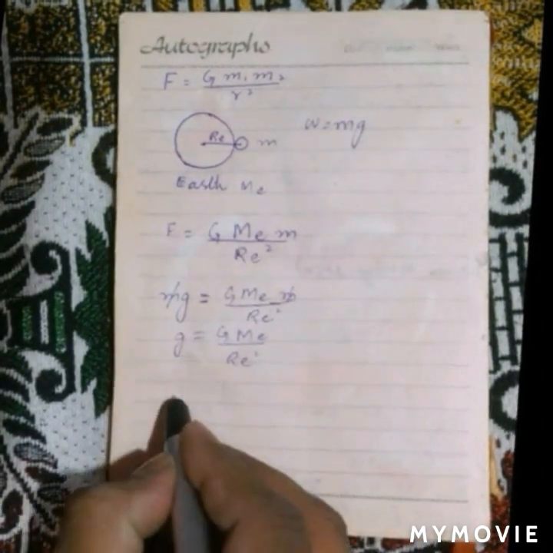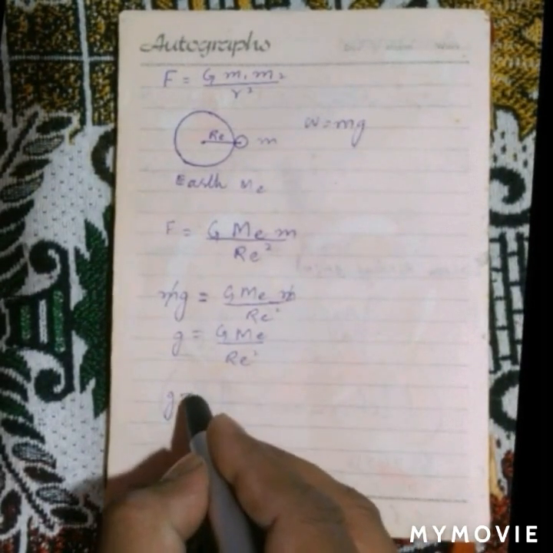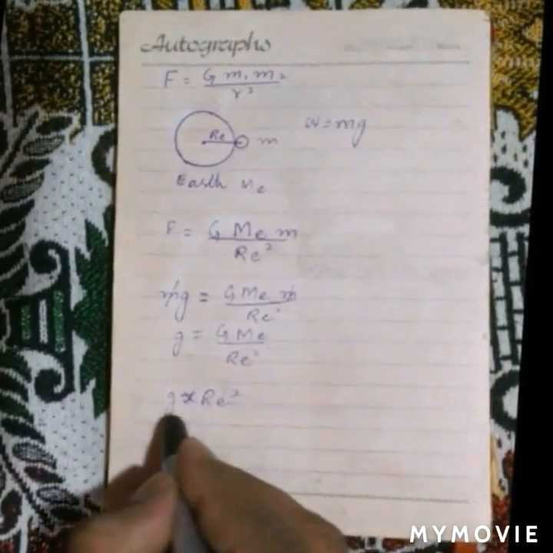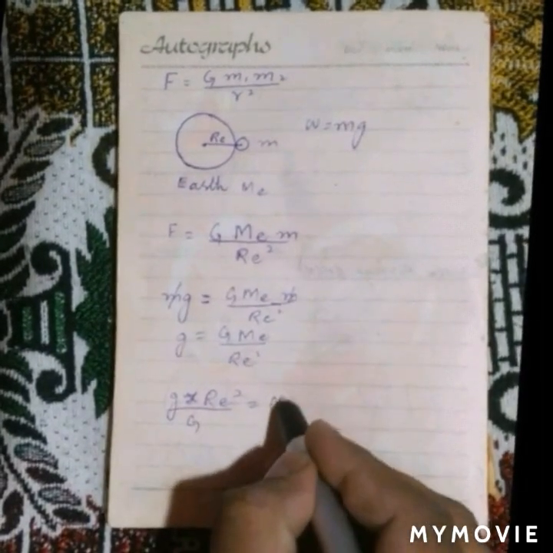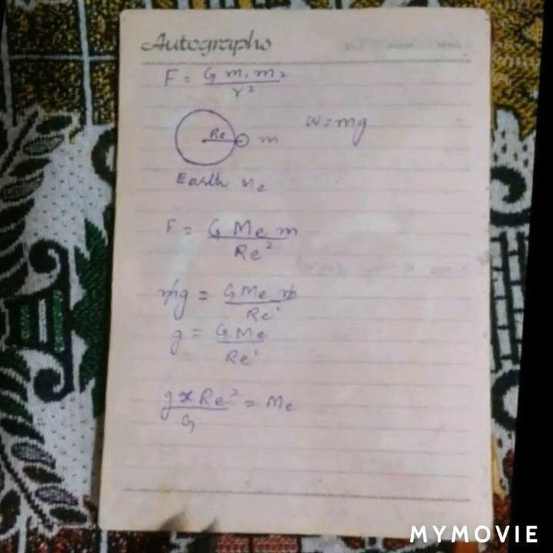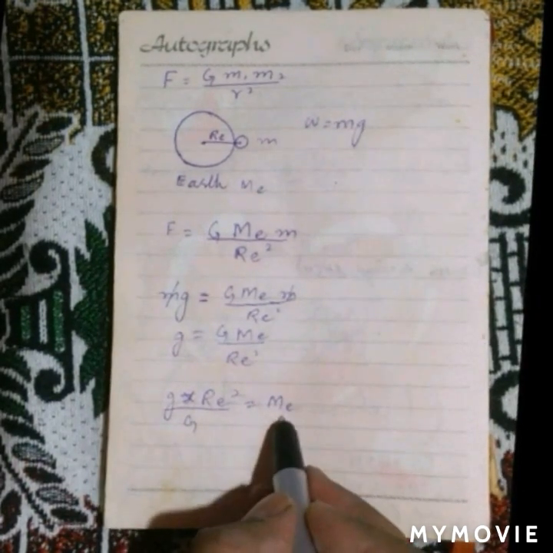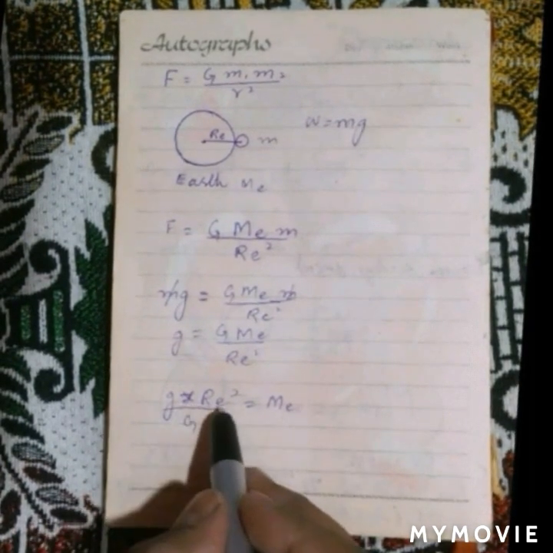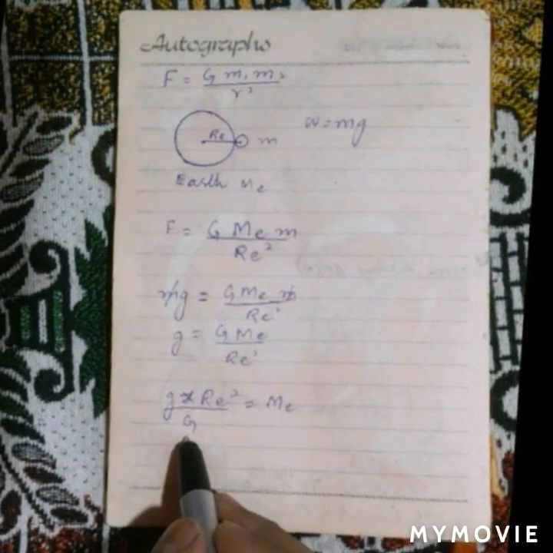So our equation will become g r e squared upon G is equal to mass of the earth. This relation shows that the mass of the earth will be g multiplied by the radius of the earth squared, divided by the gravitational constant G.